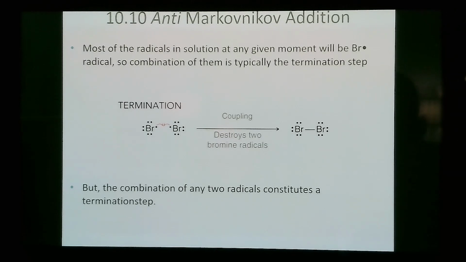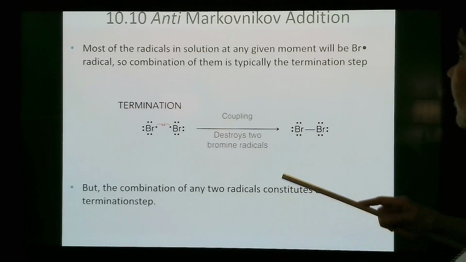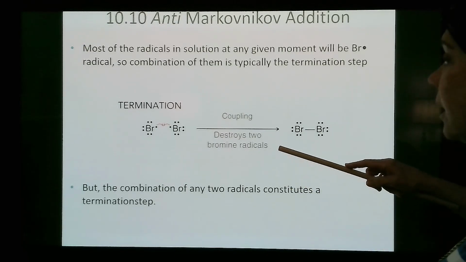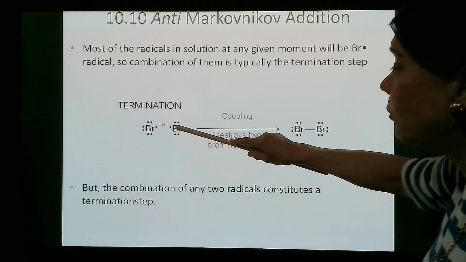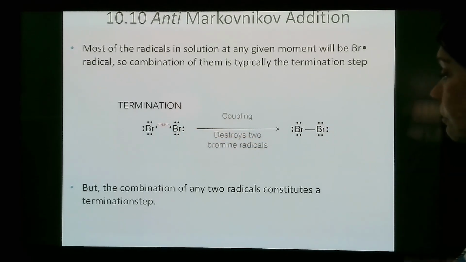Now, anti-Markovnikov addition. Most of the radicals in solution at any given moment will be the bromine atom. So combination is typically the termination step. Br dot with Br dot gives you Br2.